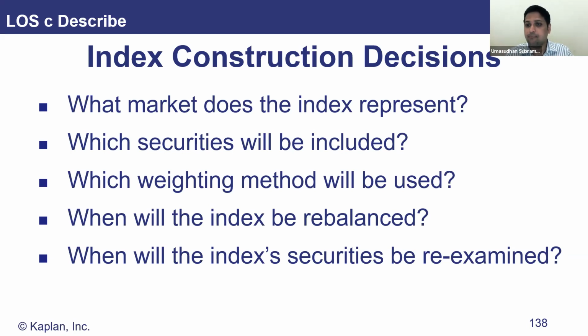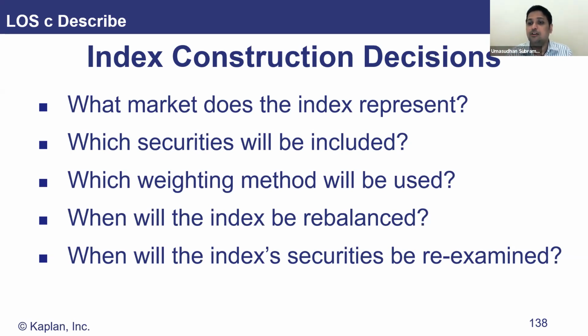So what could happen over a period of time as the market prices change? What could happen is that your banking stocks might be more than 20% of your overall index, or your manufacturing might be less than 20% of your overall index, depending on the stock price movements of individual securities.